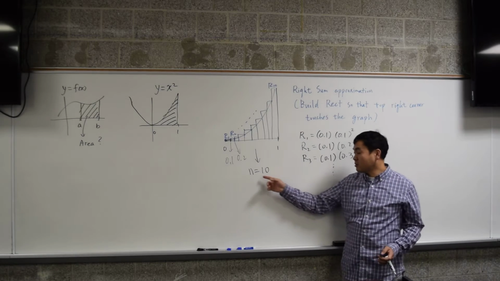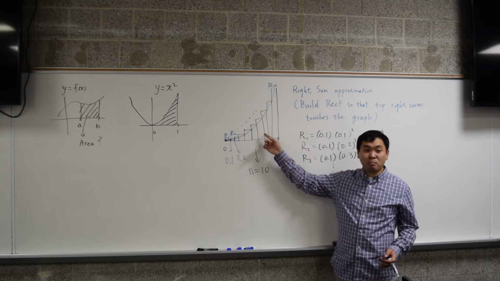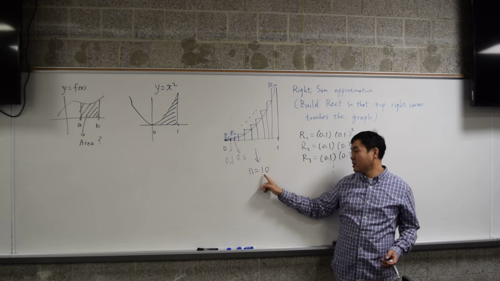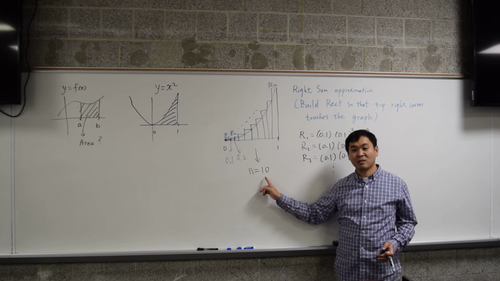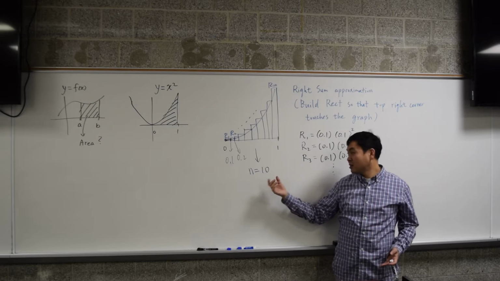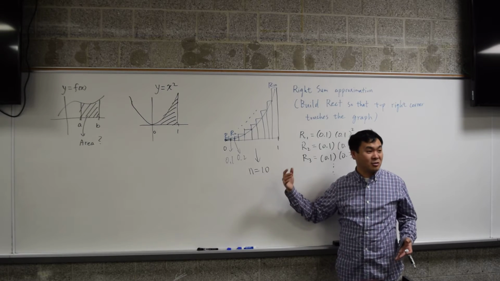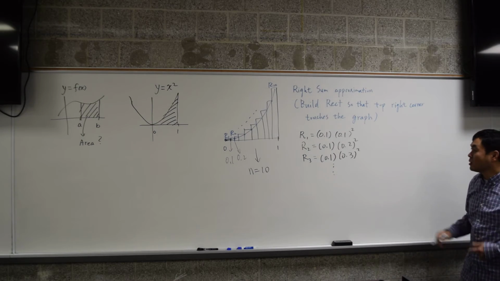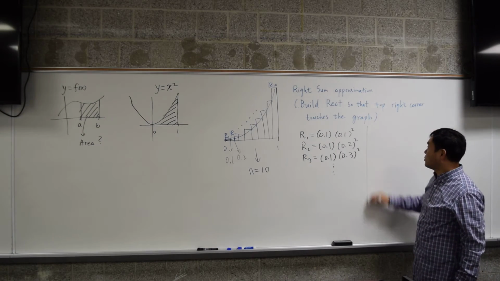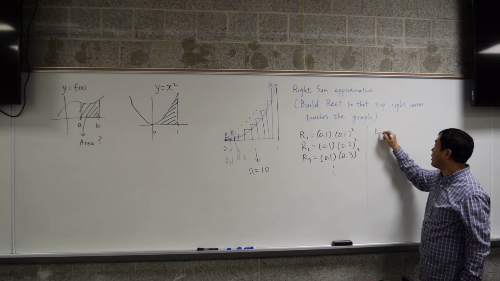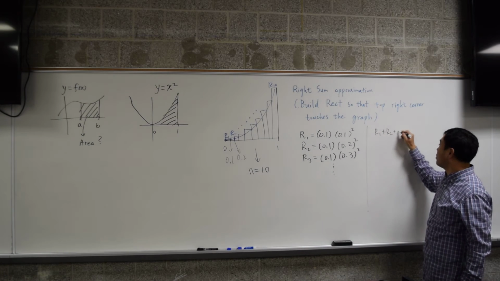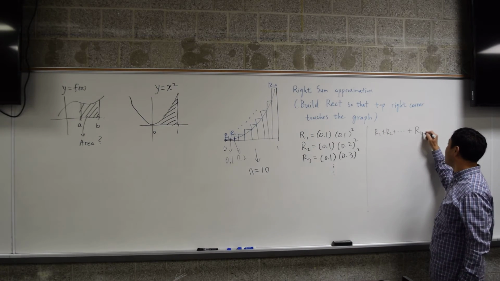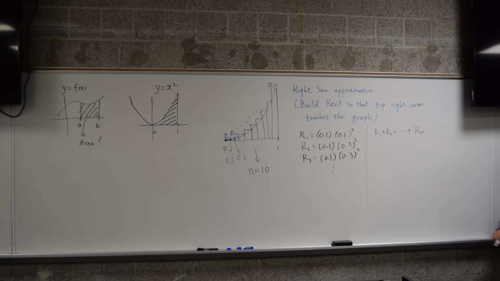Another thing is, if you want a better approximation, do you want to increase n or decrease n? Increase n. You can see that if you use like 100,000, then you'll get a better and better approximation, right? So what you end up getting is, if you have R1 plus R2 and all the way until R10, this is what you're going to get.